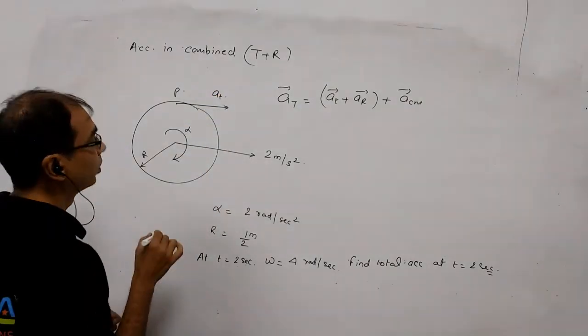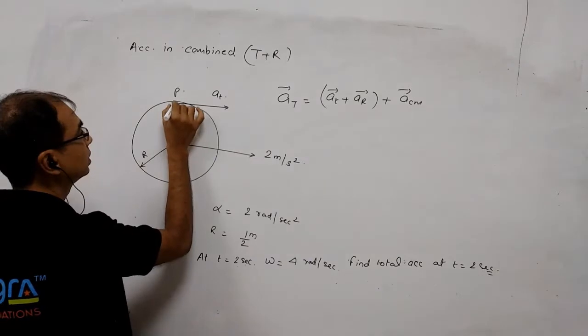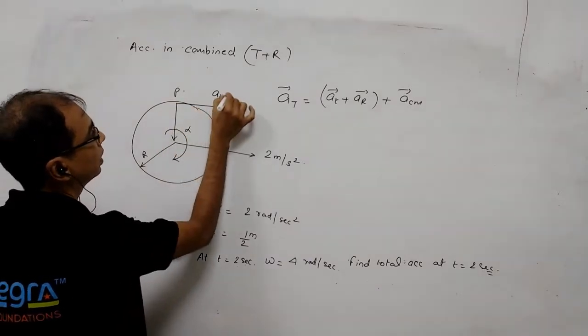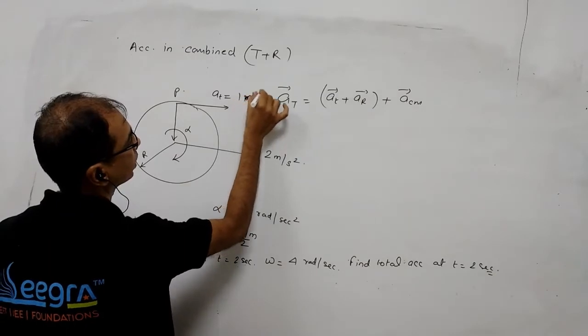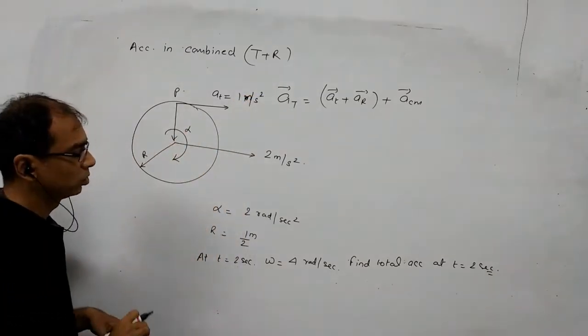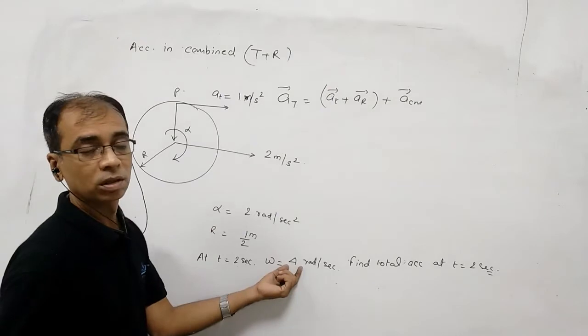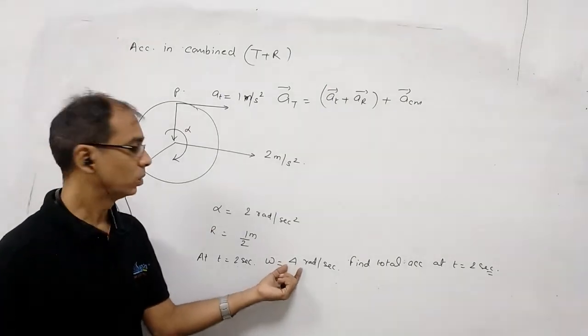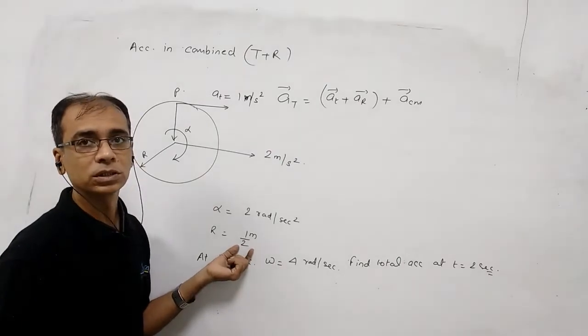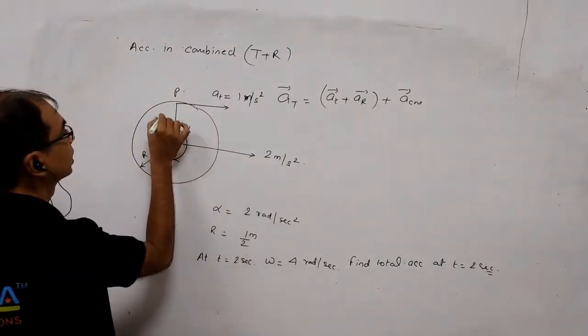Then omega square r, where is omega square r? In this direction. So AT value is 1 meter per second square. This is omega square r. What is omega? Omega is 4. Omega square 16 into r, 1 by 2, 16 by 2, 8. So 8 is acting in this direction.